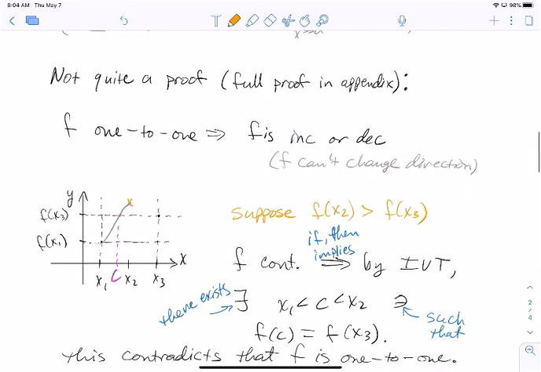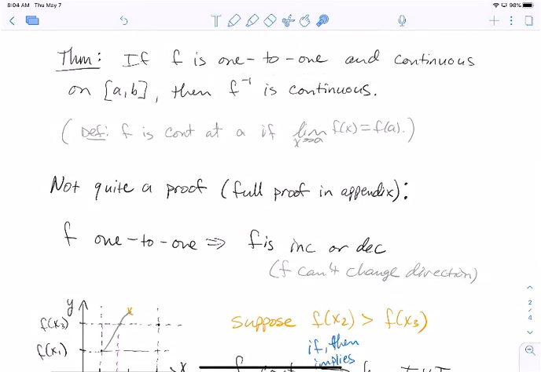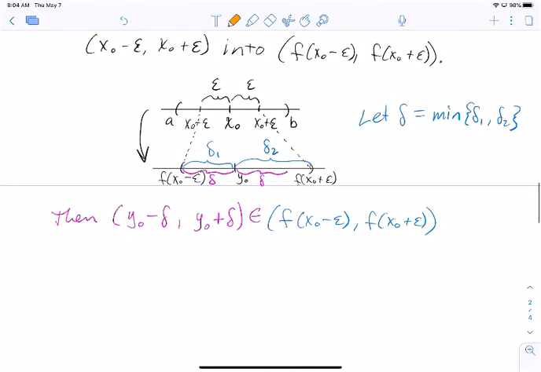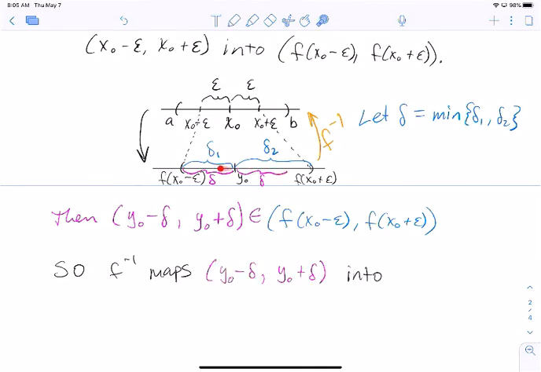By assumption, f is 1 to 1, and therefore an inverse exists. And so f inverse will map elements on the y-axis into elements on the x-axis. And in particular, f inverse maps y naught minus delta to y naught plus delta into x naught minus epsilon to x naught plus epsilon. So all the values in the pink range down here came from values within this interval on the x-axis, so the inverse maps into that interval.